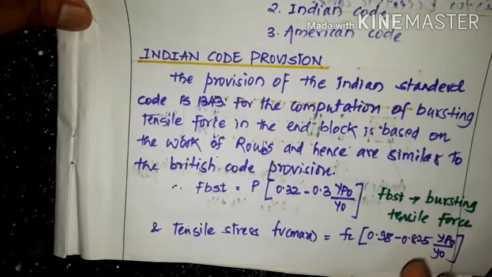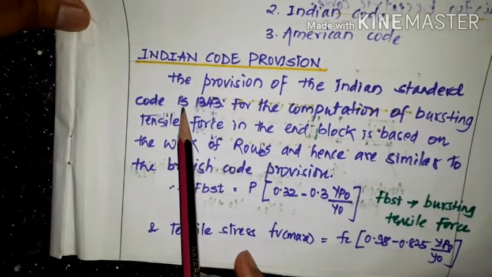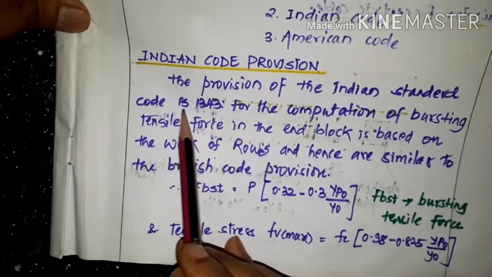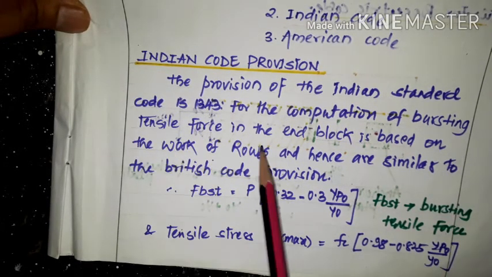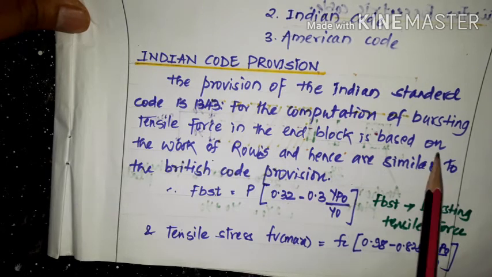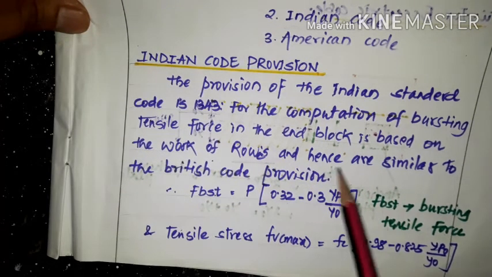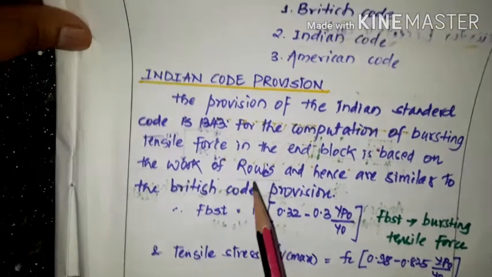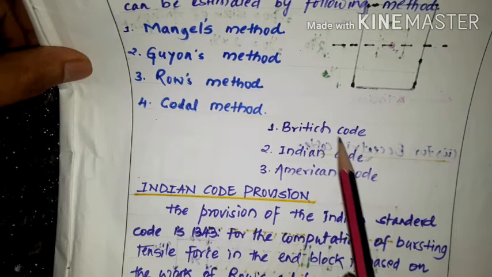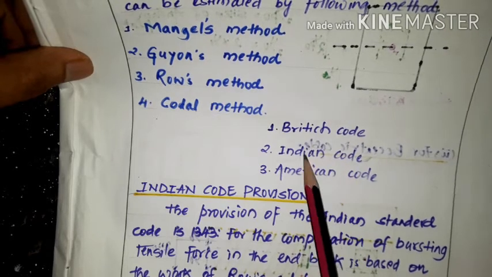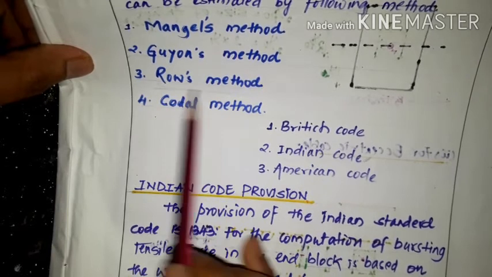The provision of the Indian standard code IS 1343, which we have to refer to, for the computation of bursting tensile force in the end block is based on the work of Rose and hence similar to the British code. As I told you, the Indian code is similar to the British code, and both use the theory of the Rose method.